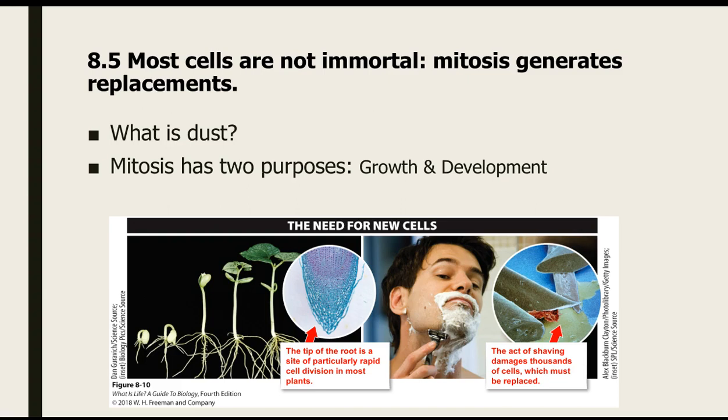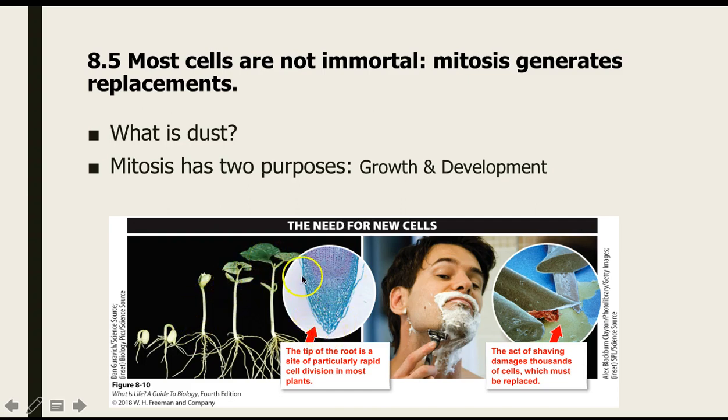So getting back to cell division here, we do know for sure that mitosis generates new cells. And those cells are, as best as they can be, exact copies of the original cells. So why do we go through mitosis? There's basically two reasons. Either an organism is growing, and the way that you get growth is by having more cells, and more cells means mitosis.